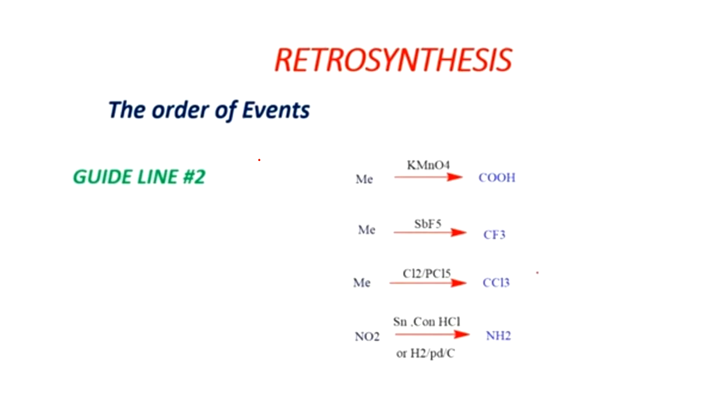Here methyl groups and NO2 groups are given. We know that the methyl group is an ortho-para directing group, and whenever we study an electron withdrawing group, it directs to the meta position. So we have to know the reactivity effects of the given compound so that we can use them in our synthetic steps.